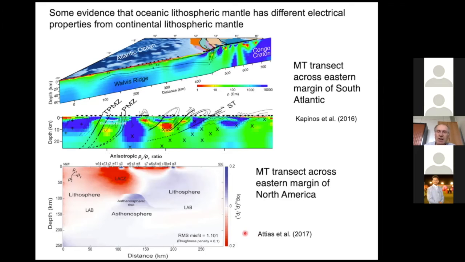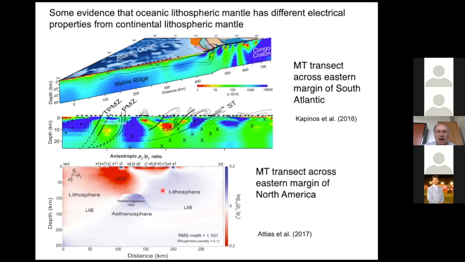This is some work on the eastern margin of North America. Here we're not looking at resistivity, we're looking at anisotropy of resistivity, the ratio between the vertical and the horizontal resistivity. That's something that comes out as standard if you're inverting both magnetotelluric and controlled source electromagnetic profiles.